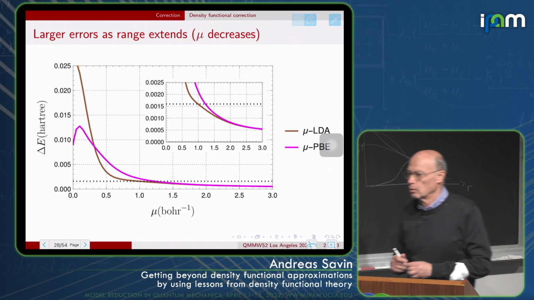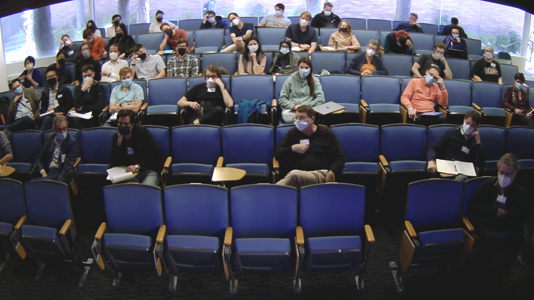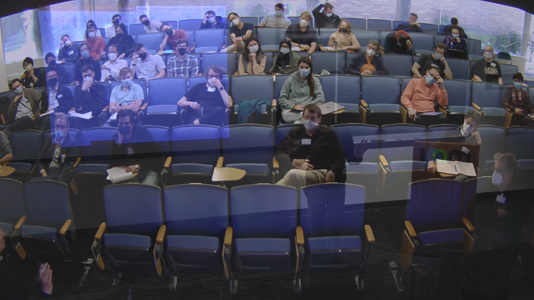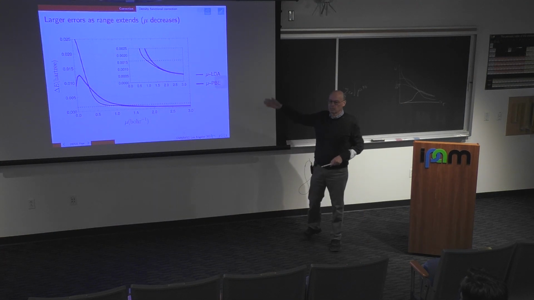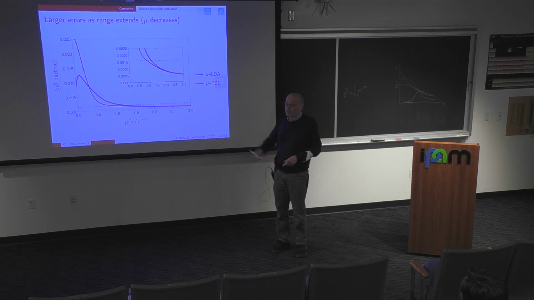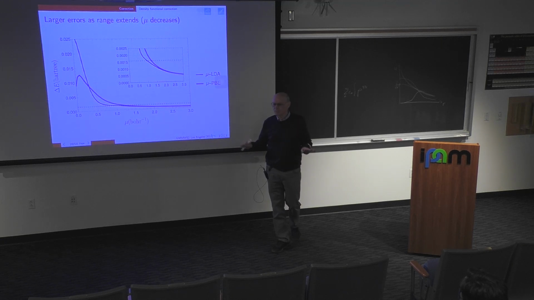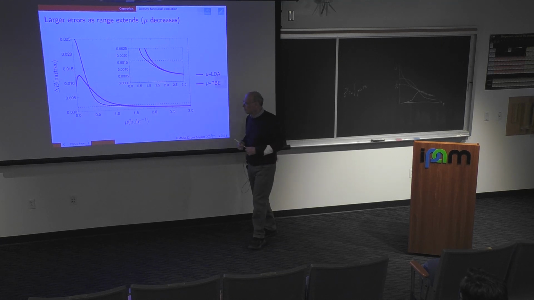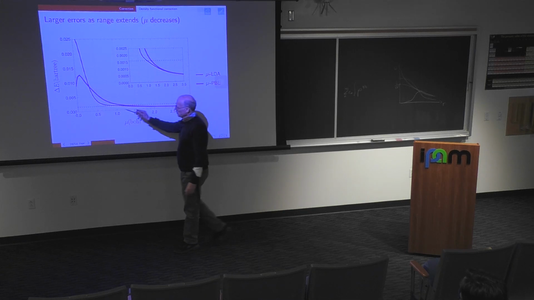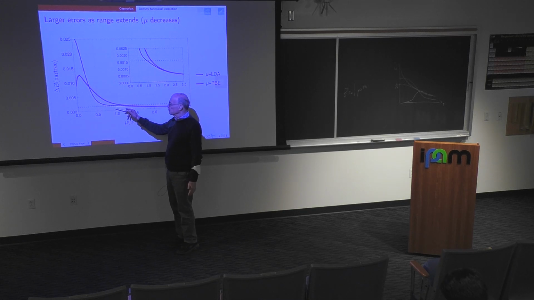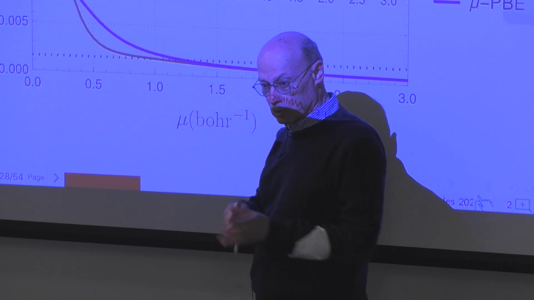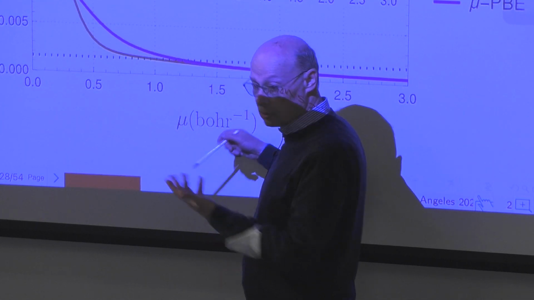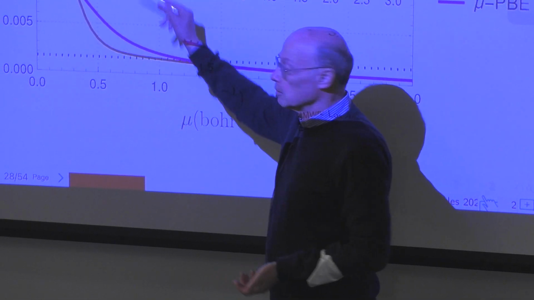So what system is this for? Always harmonium, always harmonium. No other system. Well, of course, I have other systems. I can show you this for molecules. But this is a general trend: you have a whole range where you change the interaction, do a CI calculation with this interaction, and then correct with the density functional, and then you have this.